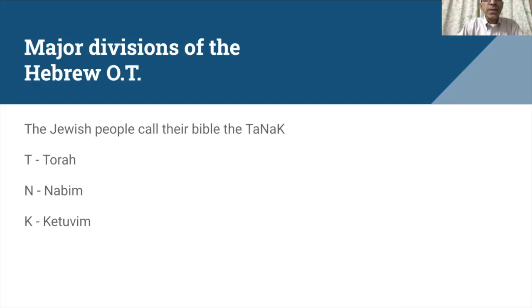And then finally, there is the Ketuvim, the writings. See, for the Jewish people, the Torah was the most important part of the Old Testament. Or you can say it was the most foundational aspect of the Old Testament.